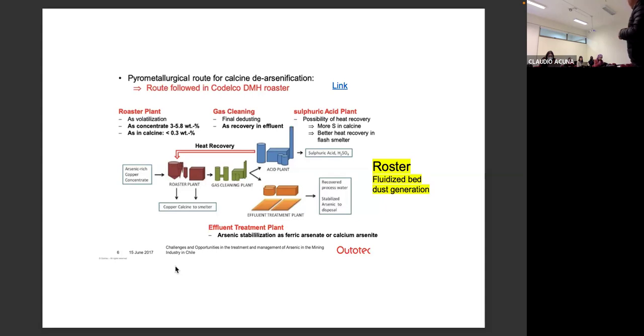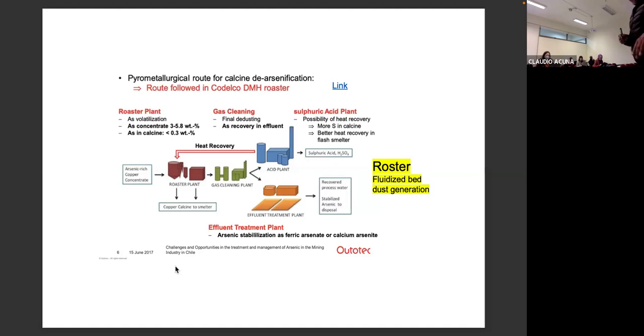Exactly. I understand that, yes. It's not stable. You leach, and then you add lime, and then you generate an unstable product, and it's not legal. So the problem was not solved.